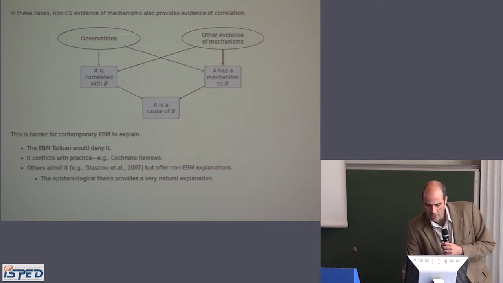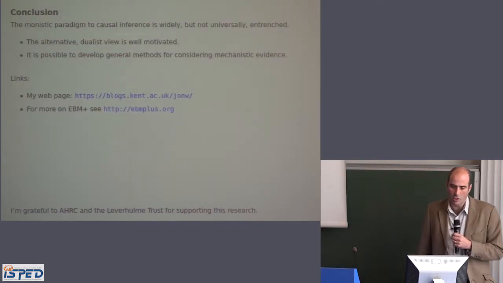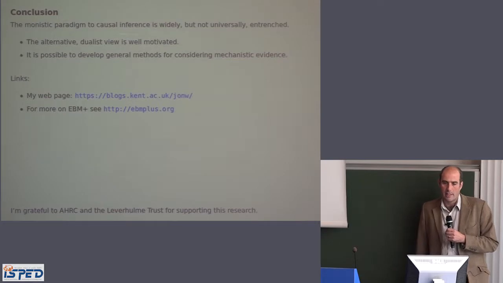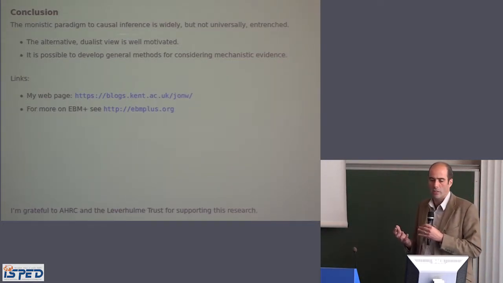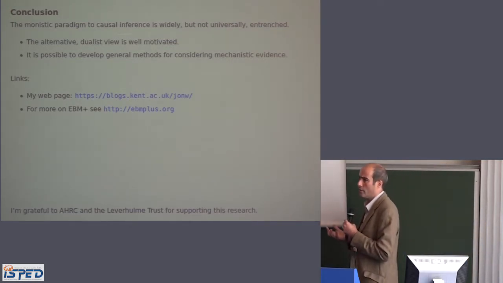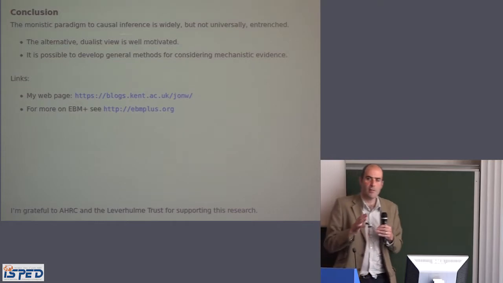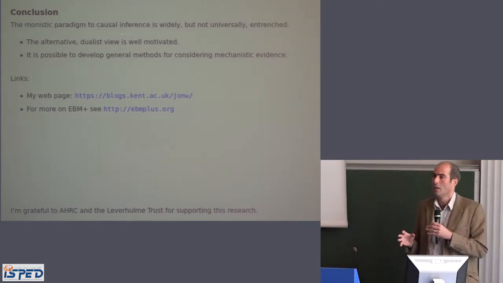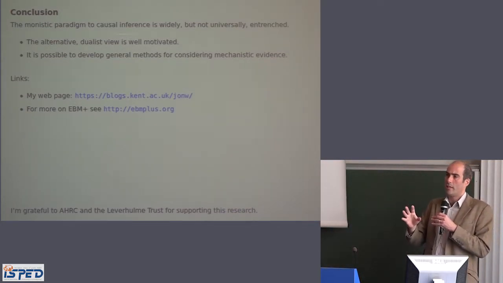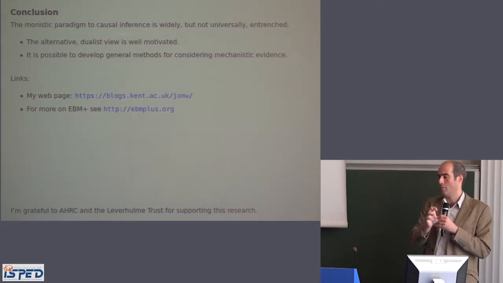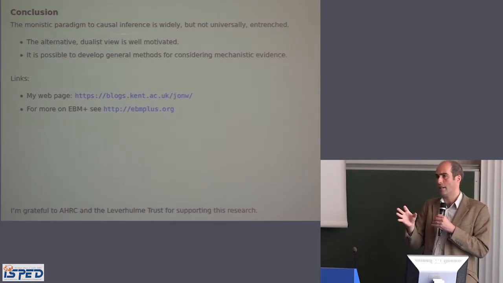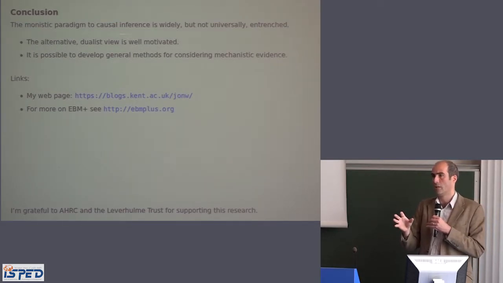Okay, I think I'll finish there and just conclude that the monistic approach to causal inference is pretty widely entrenched these days, but it's not universally entrenched. I mean, even in drug approval meetings, the chair of the meeting will say, we only consider randomized studies, clinical studies, in deciding whether we approve a drug or not.